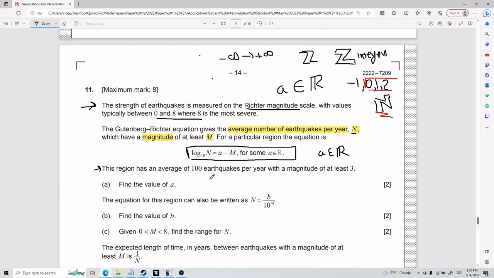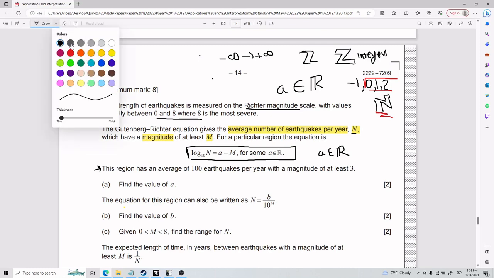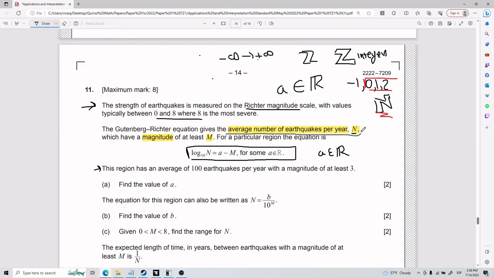So if you ever face something like this in a test, whether it's a log or not, really think about the context and work with that. If they tell you that this region has an average of 100 earthquakes per year, do I have a variable that talks about average earthquakes per year? Yes, I highlighted it. And this is why it's important to highlight your buzzwords. Average number of earthquakes per year is going to be N.